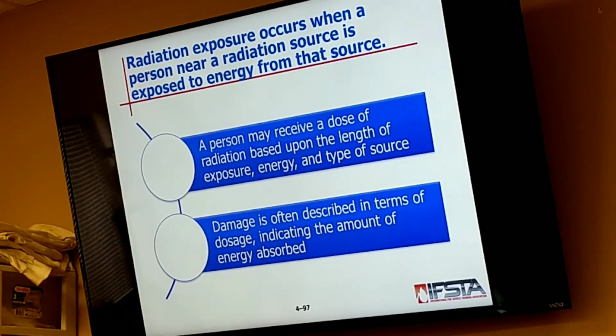Radiation exposure occurs when a person near a radiation source is exposed to energy from the source. Damage is often described in terms of dosage.